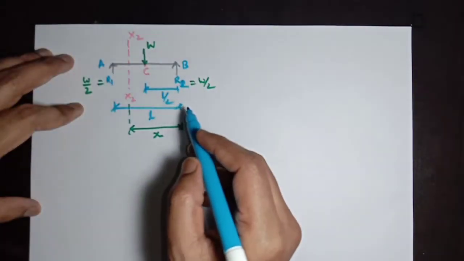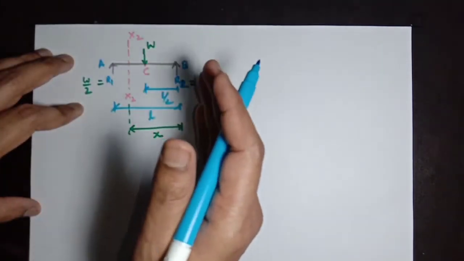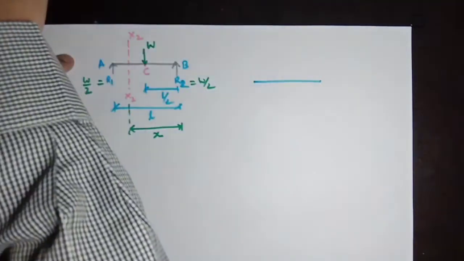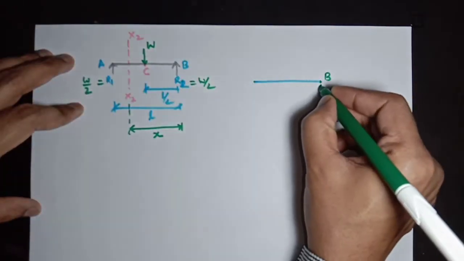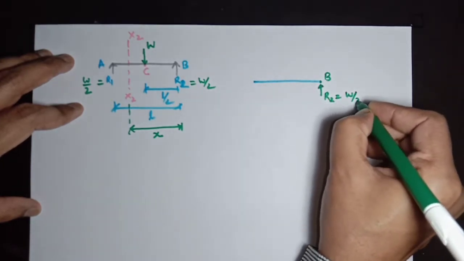Therefore, we are taking the free body diagram from right of section x2 x2. The beam will be something like this. There is a point B here having the reactive force R2 equal to W by 2.